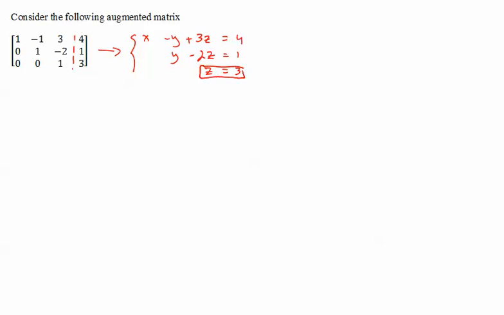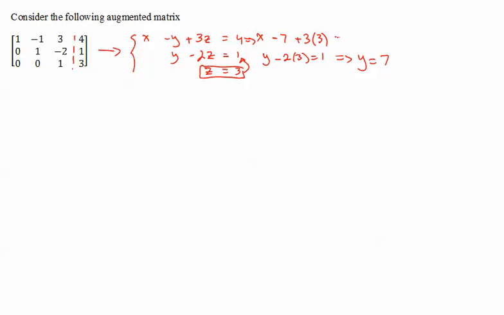Because here I know that z is 3, we just have to plug it back into the second equation, which makes y minus 2 times 3 equal to 1, which gives us y equals 7. And here we get x minus 7 plus 3 times 3.